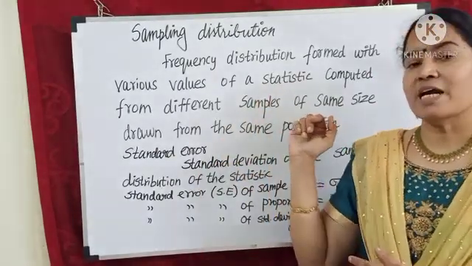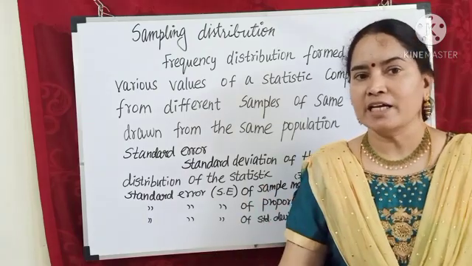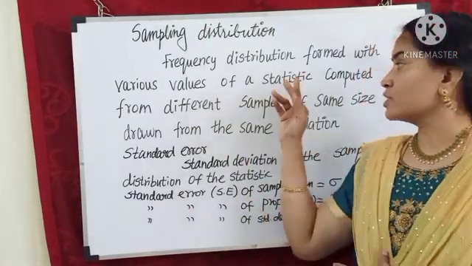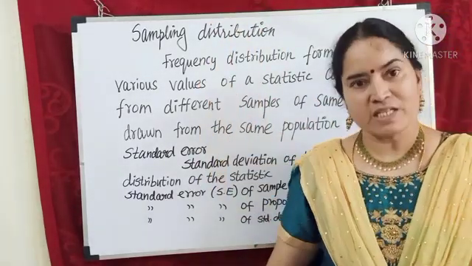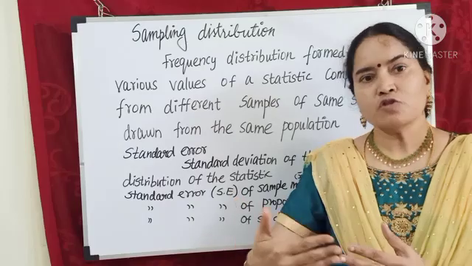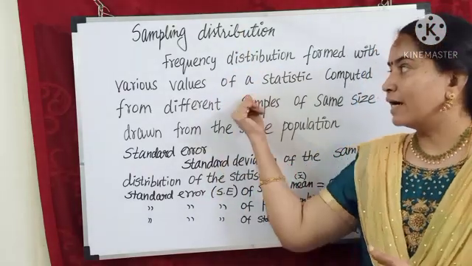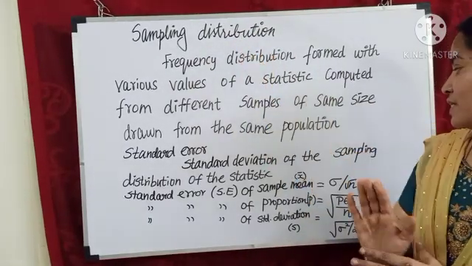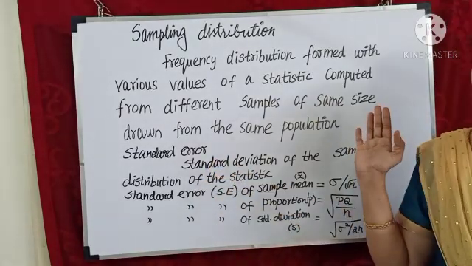What do you mean by the word statistic? Sample constants. It can be mean or standard deviation or any sample constant that we calculate is called a statistic. For this statistic, I create a frequency distribution, the values from all the samples, all possible samples. That is called sampling distribution. Once I know the sampling distribution, find the standard deviation of it.